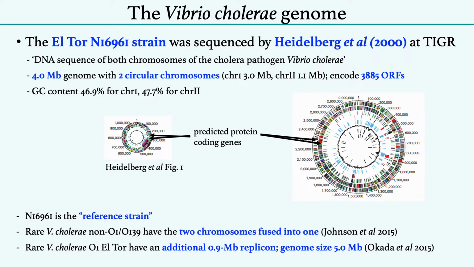Okada et al. in 2015 reported an O1 El Tor isolate with a 3rd replicon of nearly 1 megabase, so that its genome size was 5 megabase. As we sequence more and more genomes of Vibrio cholerae isolates, we are likely to see more and more genomic variation.